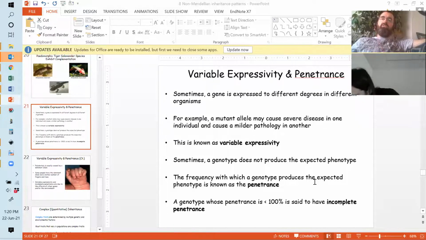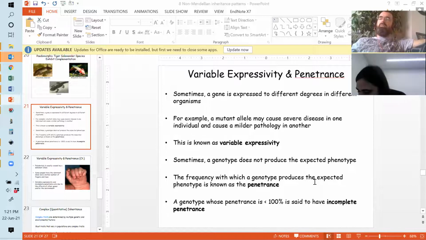Say you're homozygous recessive for a gene in the Krebs cycle or whatever, which would usually be really bad, and you do not have any issues whatsoever, even though your genotype is bad.